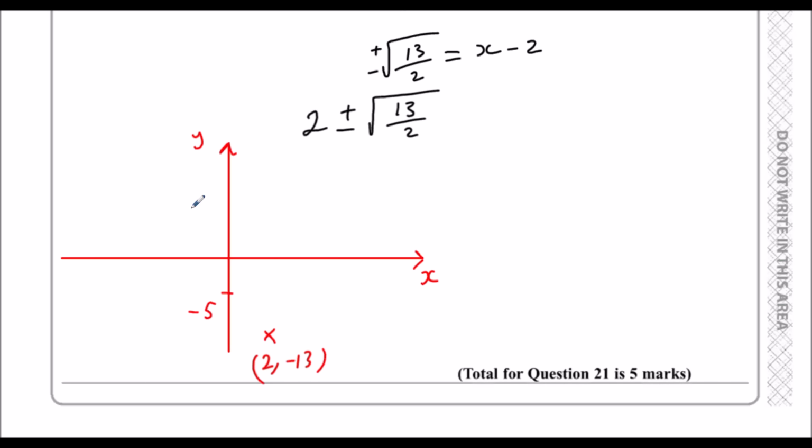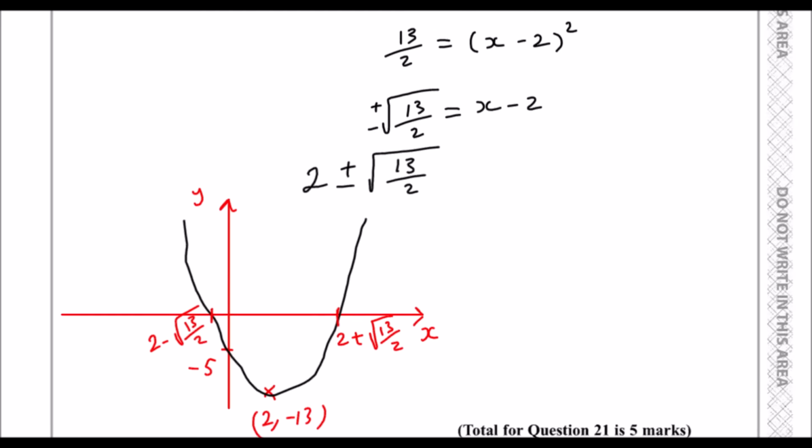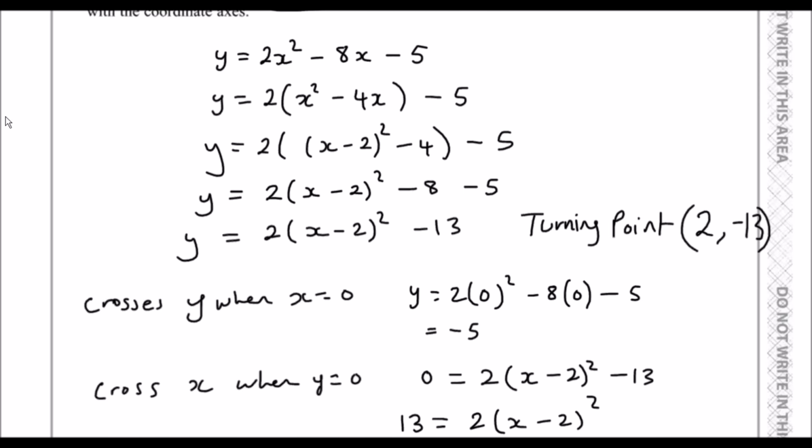And I'll get the right shape. So we've got a quadratic graph that looks something like that. And we're crossing the x-axis at 2 minus square root 13 over 2 and 2 plus square root 13 over 2. So there is our sketch.